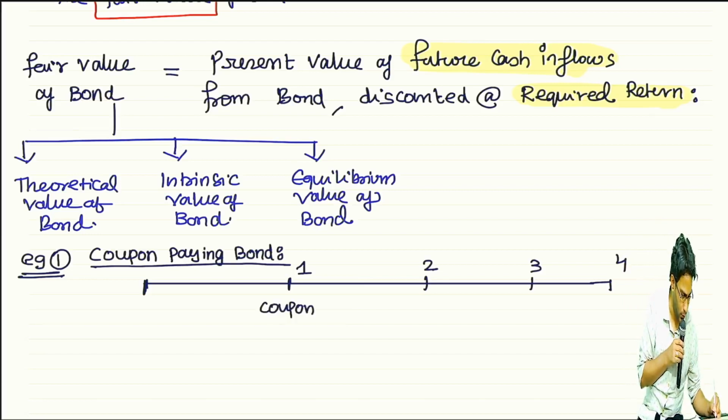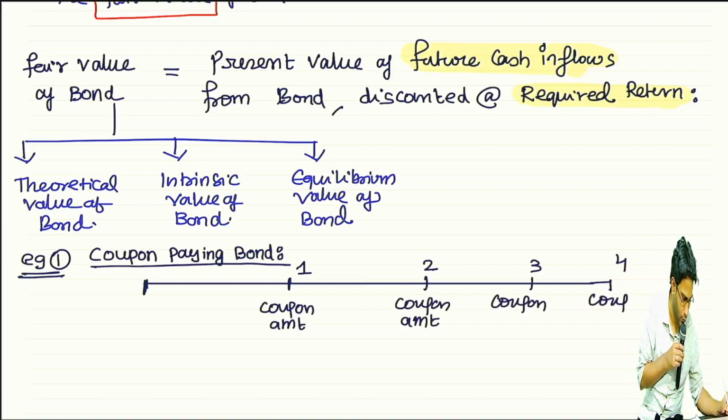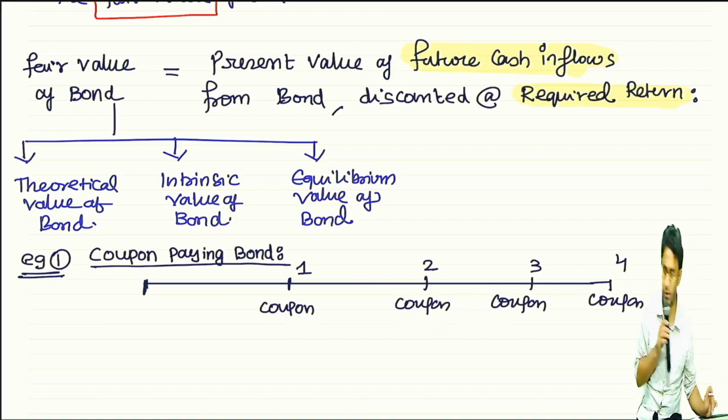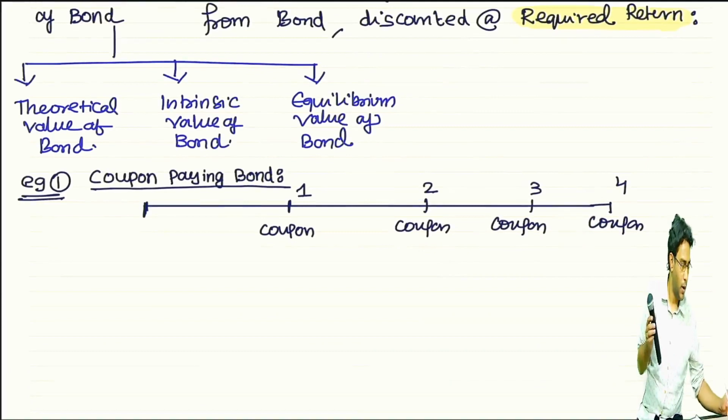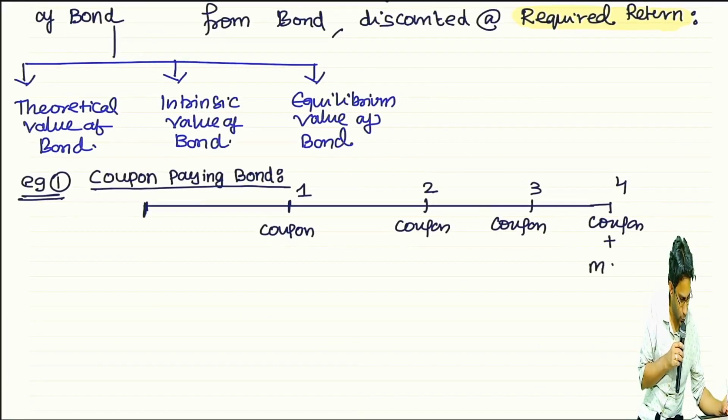So here you will get coupon amount. Here also you will get coupon amount. Here also coupon. Here also coupon. So you will have 4 coupons because the life is 4 years. Plus lastly you will have one maturity value.